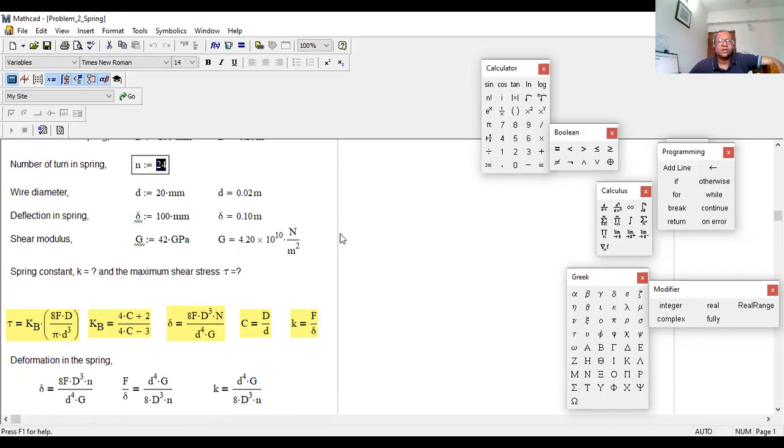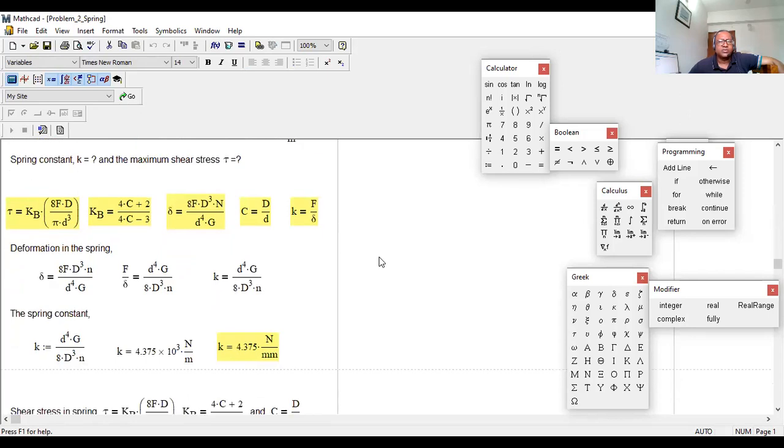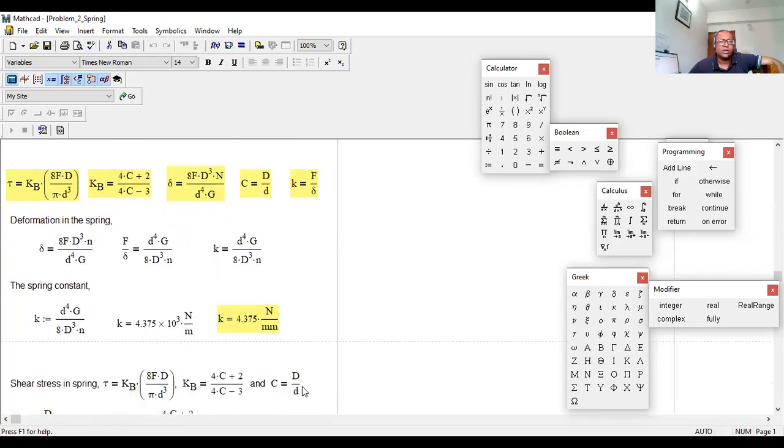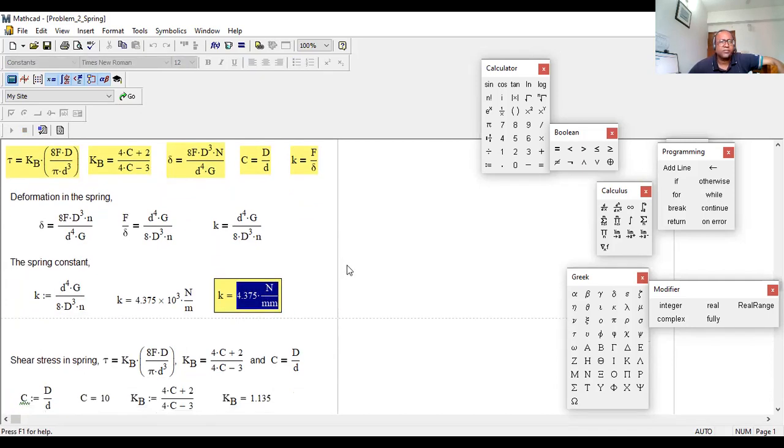No, 24 ton is given. So after putting all this into the formula, you will get the value of K as 4.33 Newton per millimeter. That means if you would like to make 1 millimeter deflection, you need to apply about 4.5 Newton force.